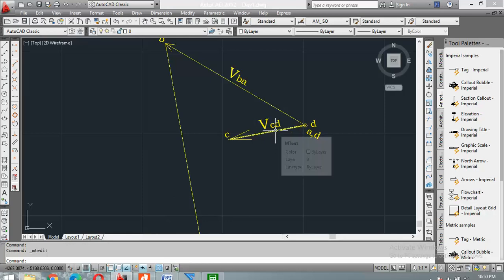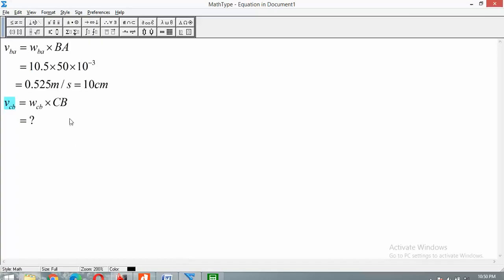The length of VCD can be found by finding the magnitude of VCD. Let us calculate the magnitude of VCD once again: magnitude of VCD is equal to omega CD into CD.